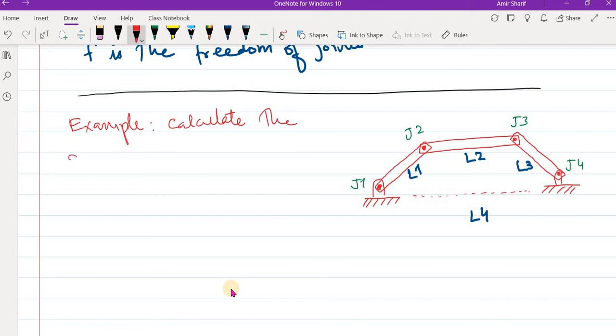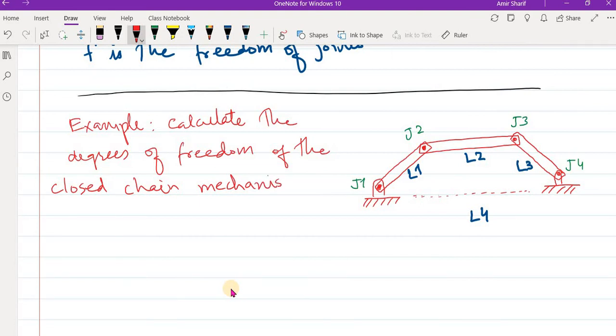Calculate the degrees of freedom of the, instead of saying robot, let's call it a mechanism, or better, a closed chain mechanism, using Grubler's formula. Okay, so this is our problem.